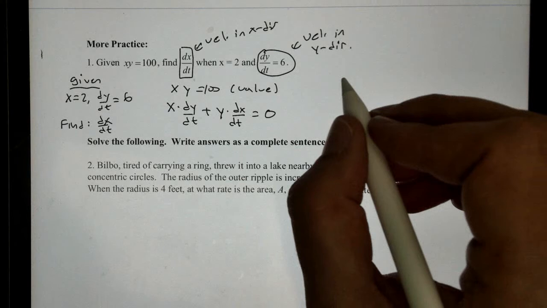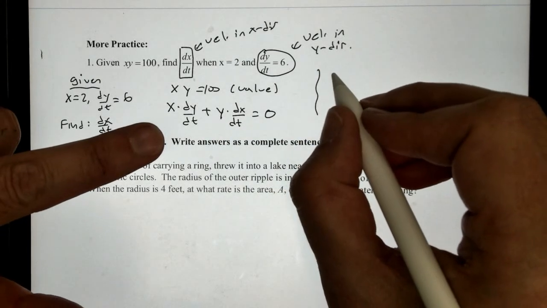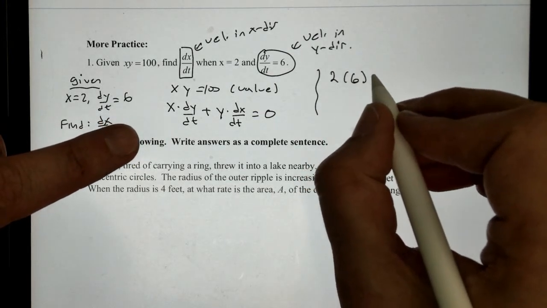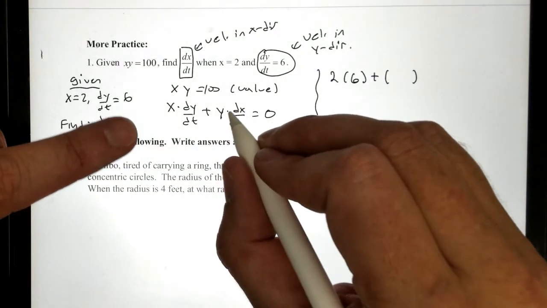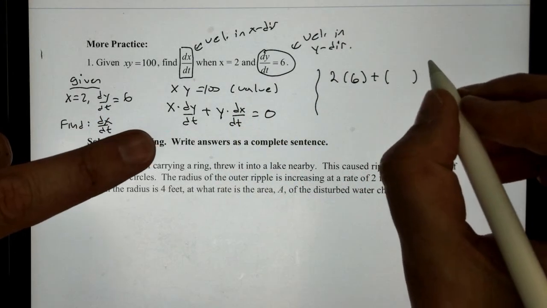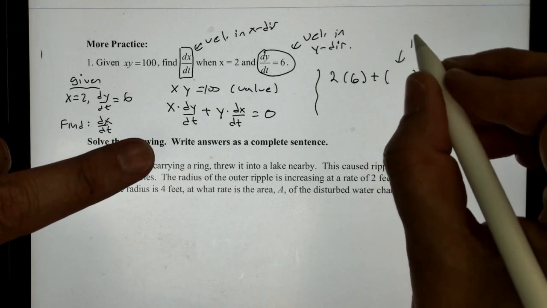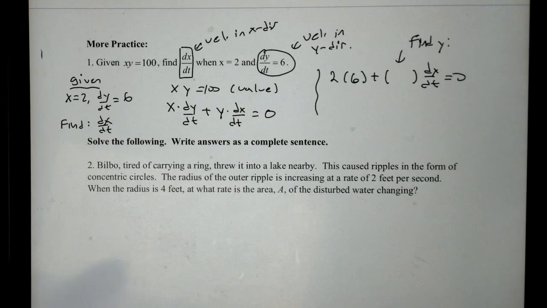Now I'm going to plug in everything. I'm going to get x, which is 2, times dy/dt, which is 6, plus y. They don't tell me what y is, but we can find it out in a second, times dx/dt equals 0. We have to find the y value. That's not that bad to do.